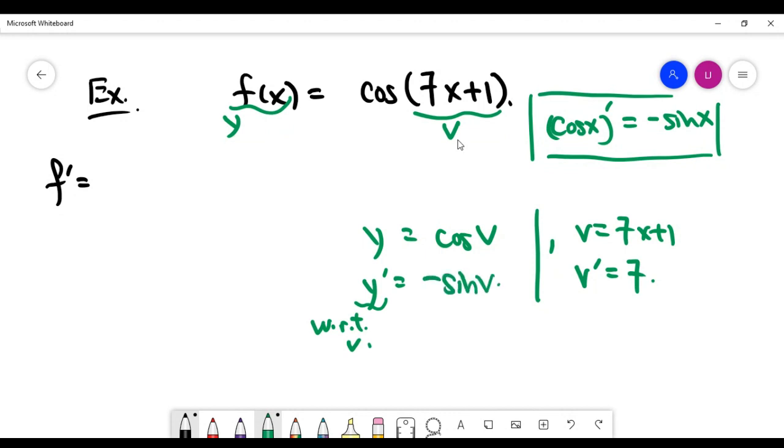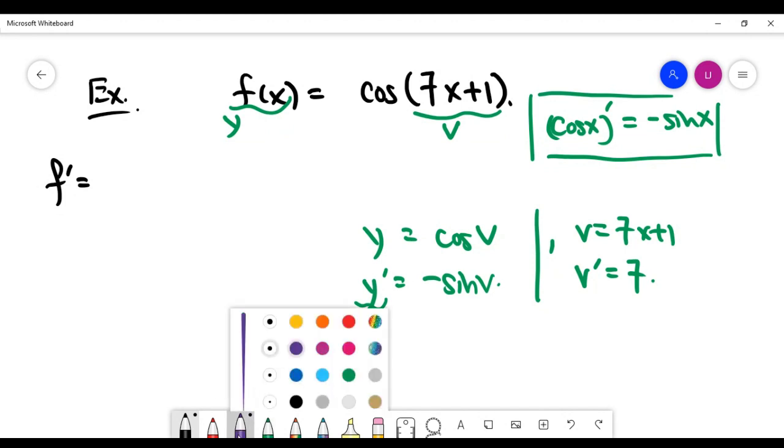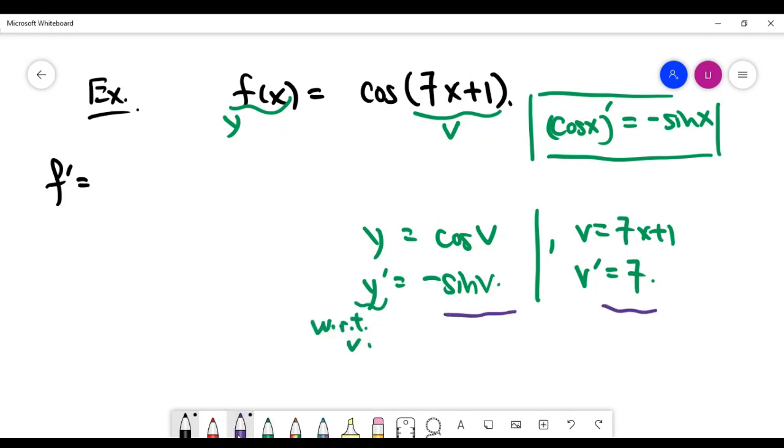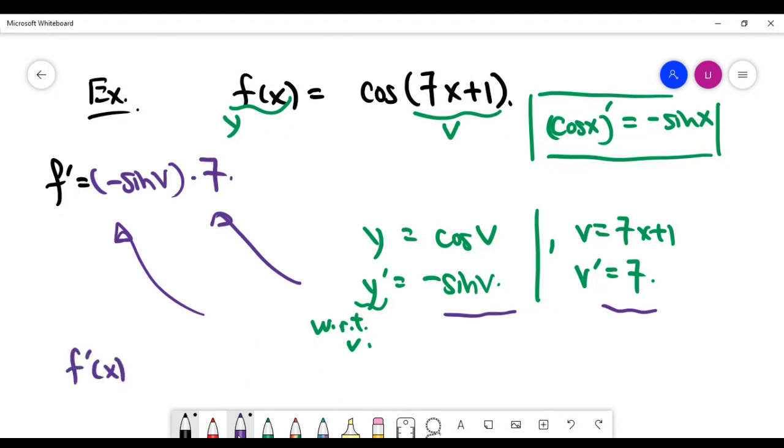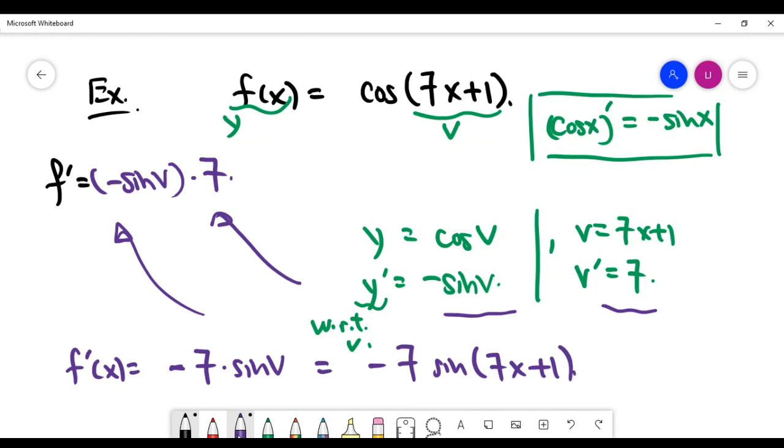And by the chain rule, you have to bring the two functions together as the derivative f prime. So now f prime is the same as minus sine v, the whole thing times 7. So it means that f prime of x is the same as minus 7 times sine v. And as a last step, you can replace v by 7x plus 1. And that's the answer to this problem.